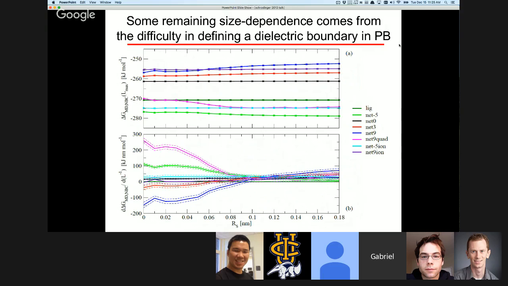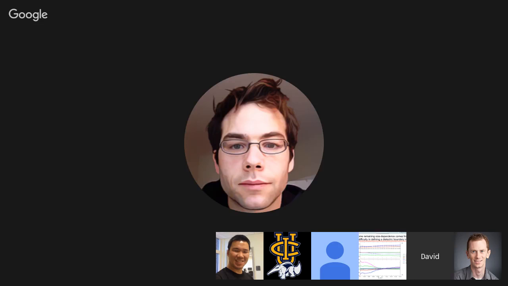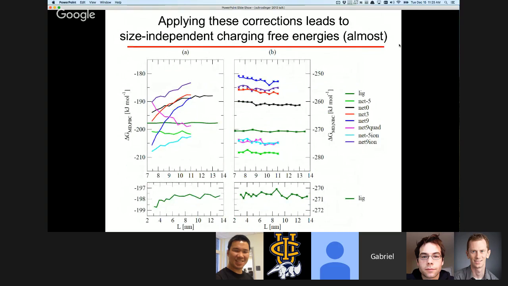So we would expect that once we found the right PB parameter, once we found the right solvent radius for our PB calculations, then the slopes of these previous plots would go to 0, because with the right parameter, you would no longer see any dependence on the box size.